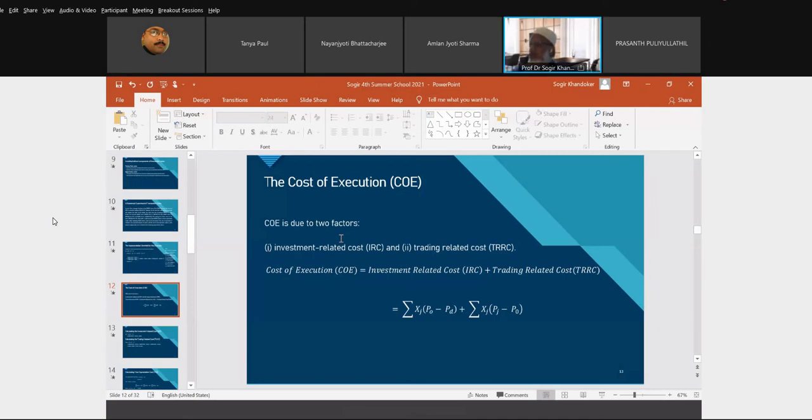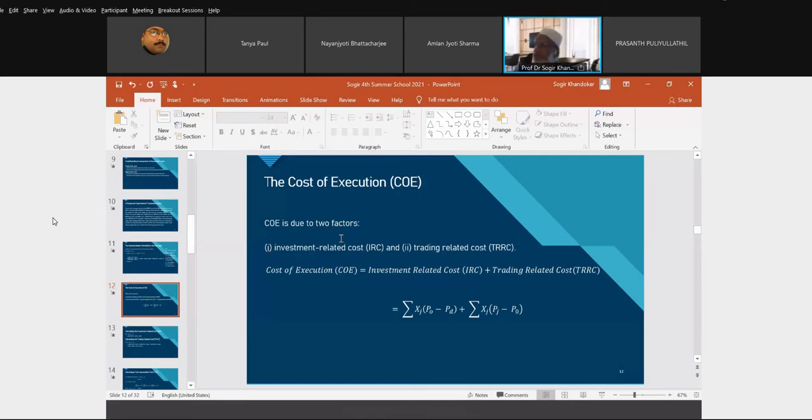The trading related cost includes costs that arise during the implementation phase of the investment decision, that is the time period from the start of the trading to the end of the trading to complete the total desired quantity. Trading related cost, TRC, comprises the largest subset of transaction cost.